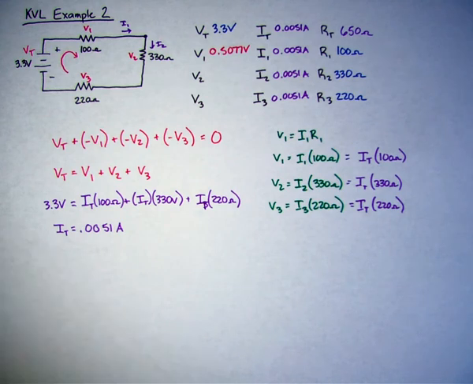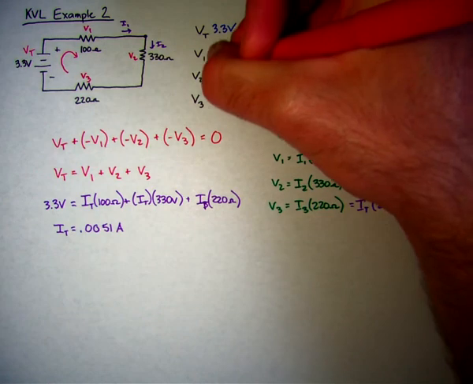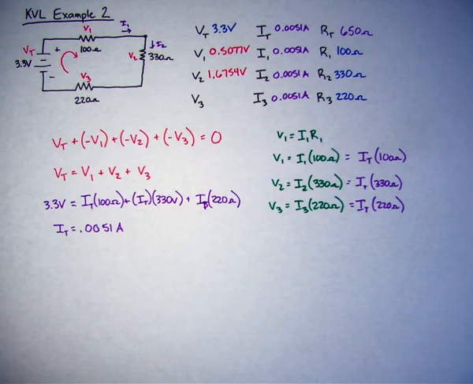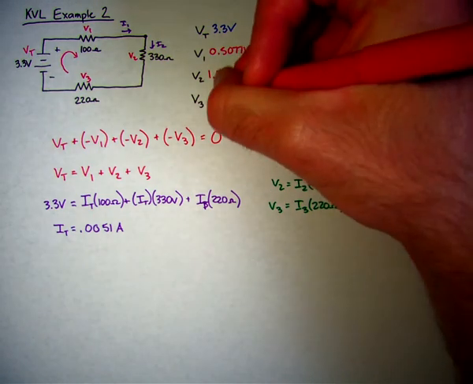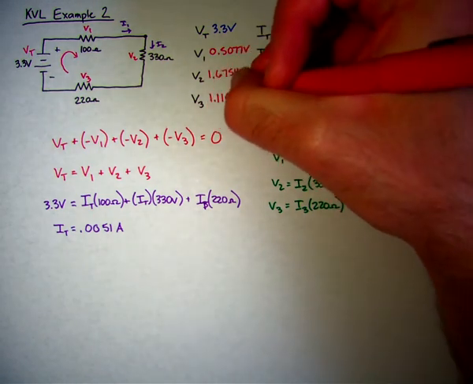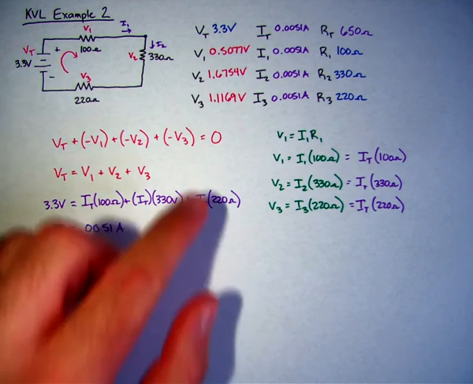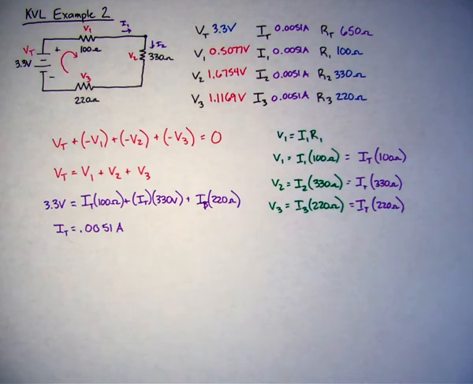For the next one, 330 times the current is 1.6754 volts. And then the last one, 220 times that current, is going to give me 1.1169 volts. And these should add up to be about 3.3 because the rounding is going to be off just a little bit. But in a perfect situation, it should add up to exactly 3.3 volts.